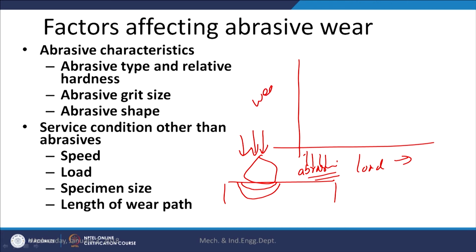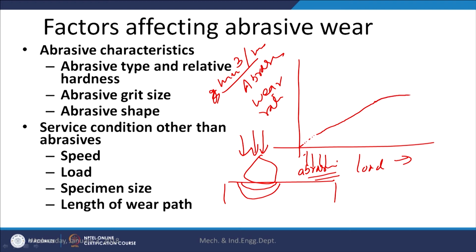Here we have the abrasive wear rate, which we express in terms of loss, like mm cube per meter or per unit time. If we plot that, then with the increase of the load there is a continuous increase in the abrasive wear rate up to a limit.